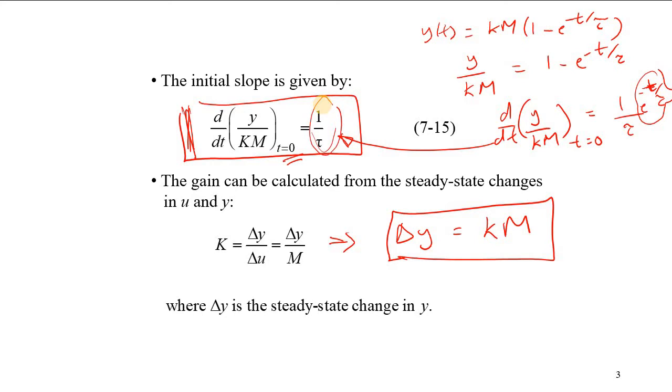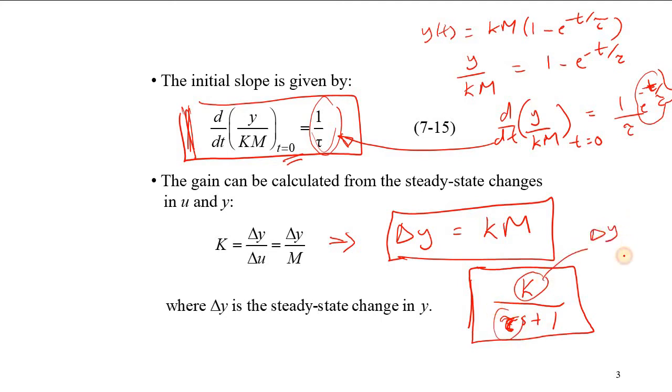Again, what we are trying to find is an approximated model which looks like a first order. What do we need to find? We need to find k and tau. How to find k? K is the change of the output over the change of the input.